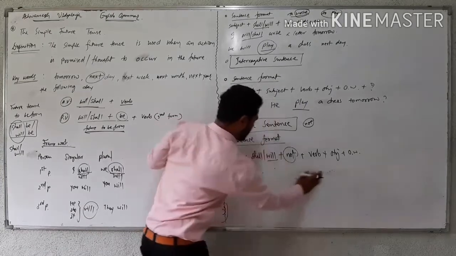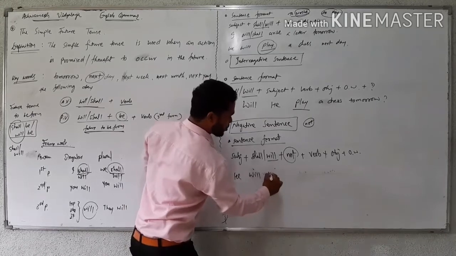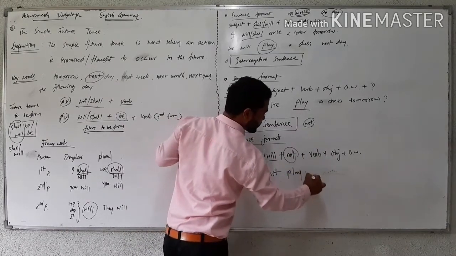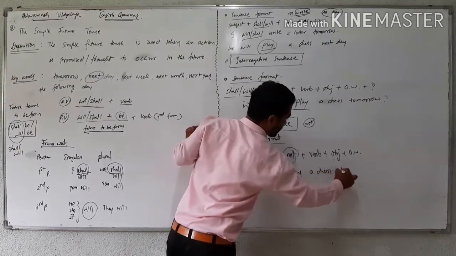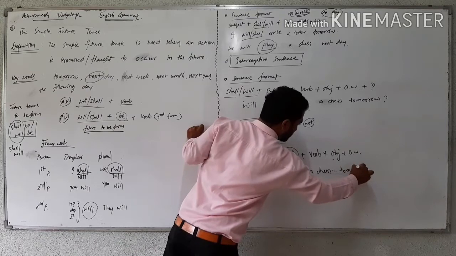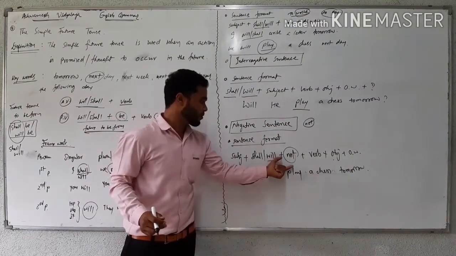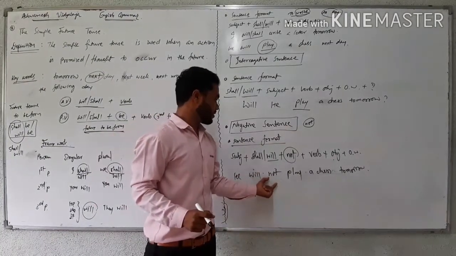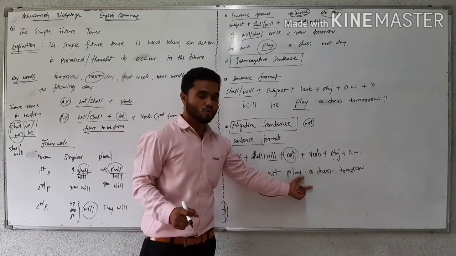Subject he, the suitable helping verb will, then not, and the verb play, then the object chess and the other word tomorrow. First I forgot to use not, so I rub it out and rewrite this: He will not play chess tomorrow.